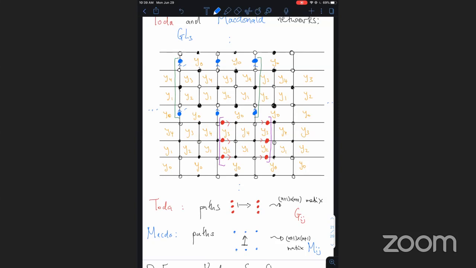Do you have any analogous construction which reproduces other symmetric variables? Yeah, that's a good question. Off the top of my head, no, it's not something we've thought about, but I imagine such a thing should certainly be doable. It's a good question.